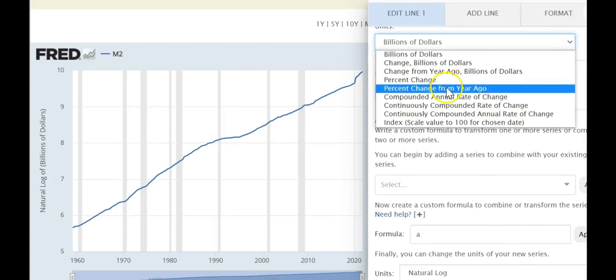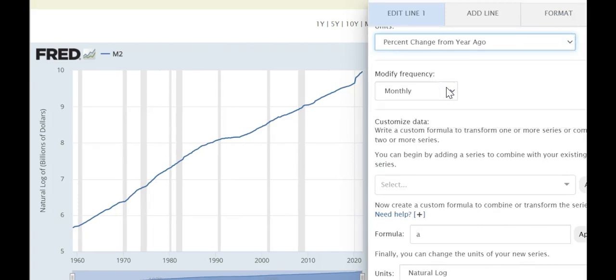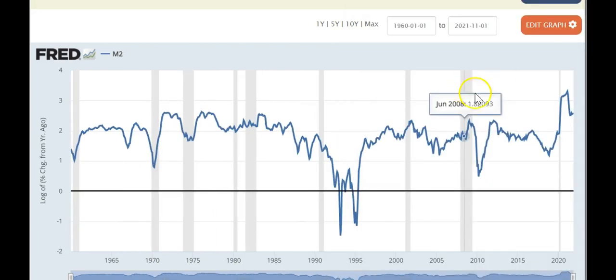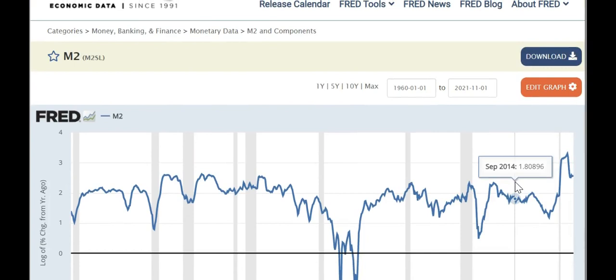So let me show you that quickly. Okay, so there's our growth rates. And again, there's the big jump up in money supply growth.